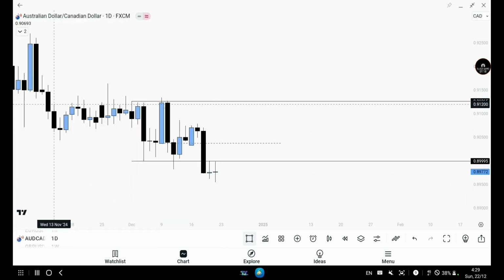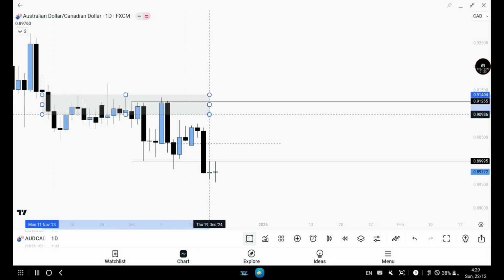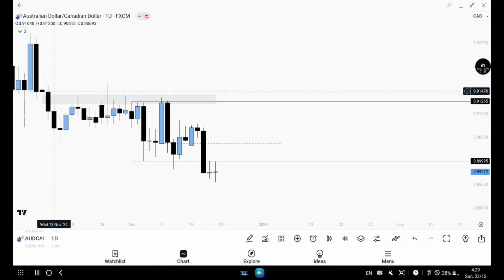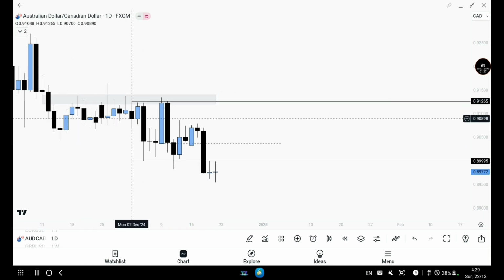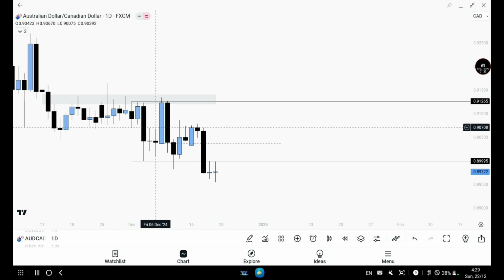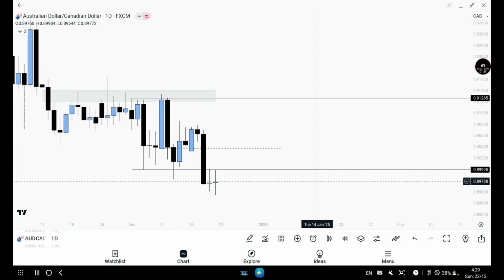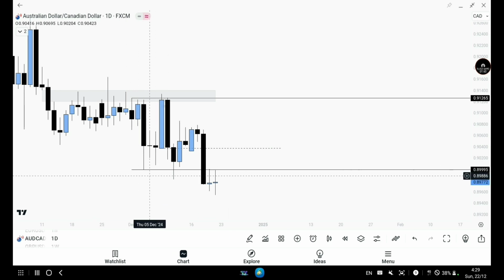We find this fair value gap right there. It's an old fair value gap, but we did sweep liquidity above this week's high, and the reason we didn't invalidate this fair value gap is because we had another one above price, so we can still use that fair value gap since our external range liquidity hasn't been hit.